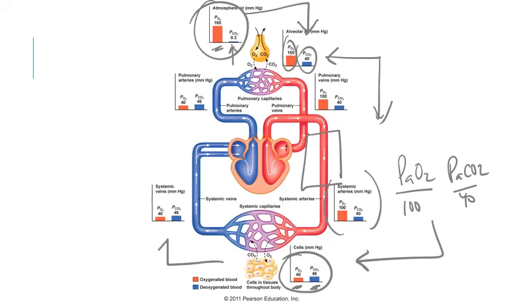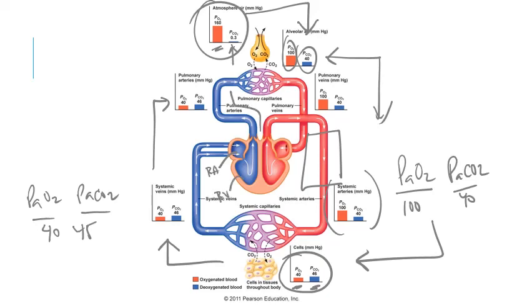And once post-circulation, that PO2 to PCO2 ratio of 40 to 45 remains. And it really remains this way, generally speaking, all the way until it arrives into the right atria and then the right ventricle and gets ejected into the pulmonary capillaries.